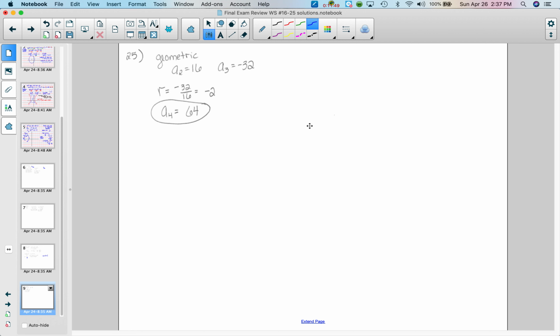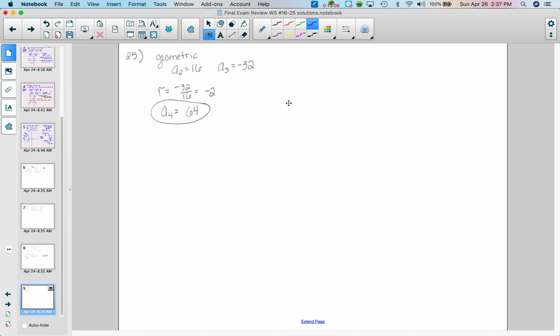And number 25, find a sub 4 of the geometric sequence if a sub 2 is 16 and a sub 3 is -32. Now, because they are 2 terms in a row, I can find the common ratio by taking -32 over 16. So -32 divided by 16 is -2.